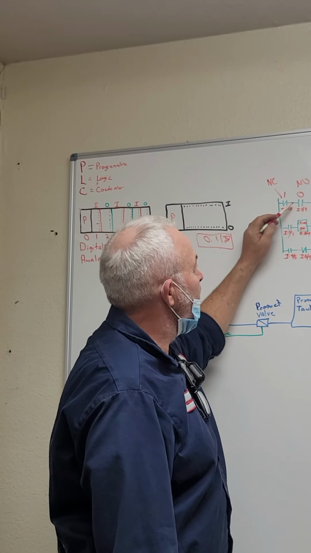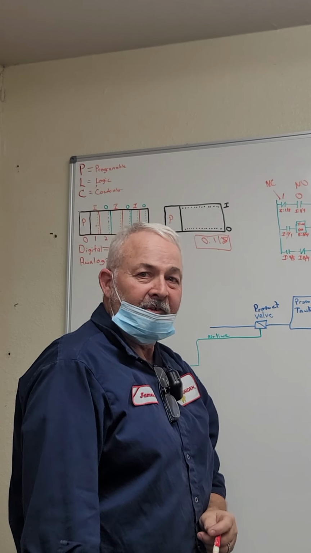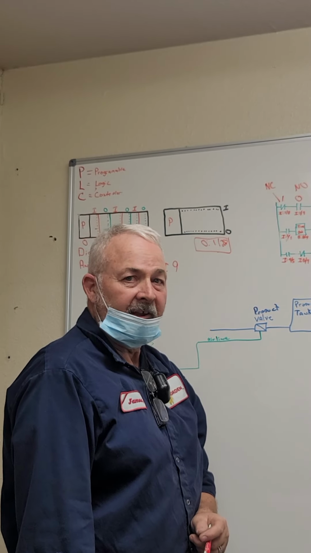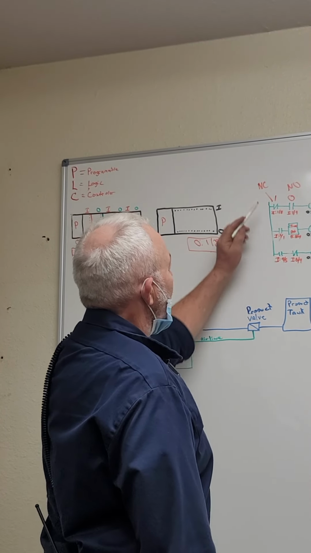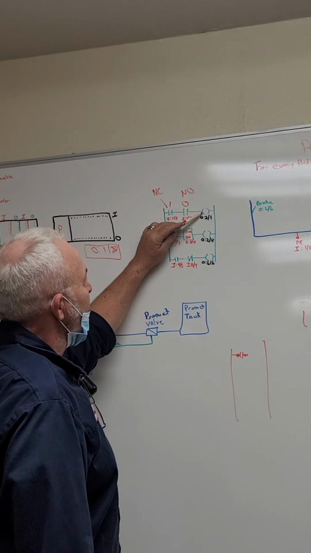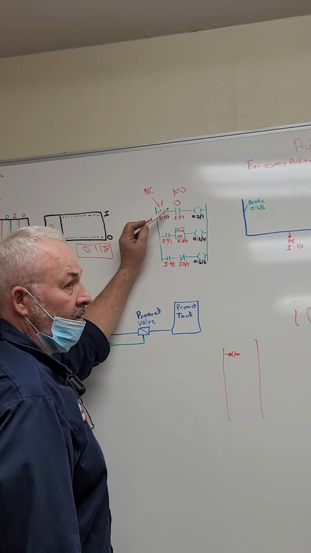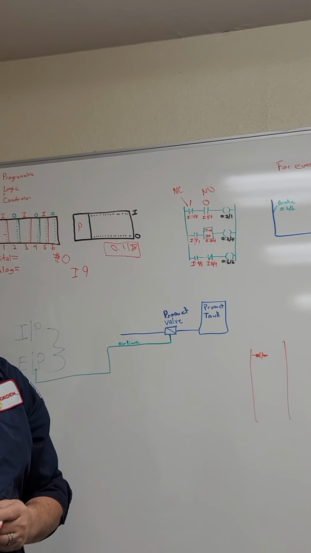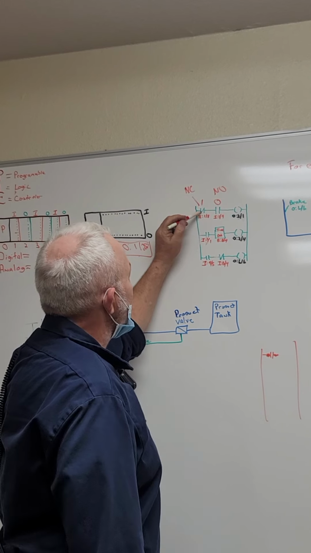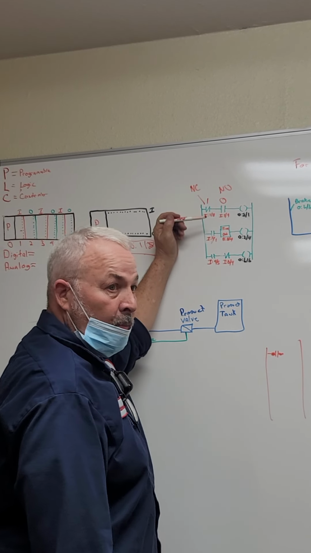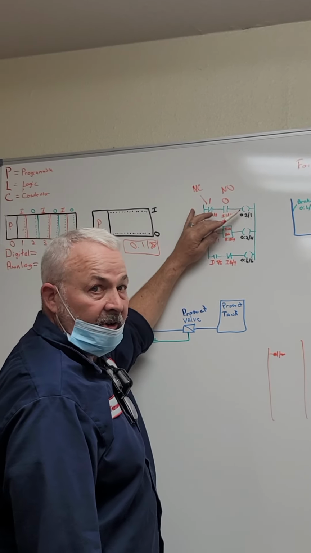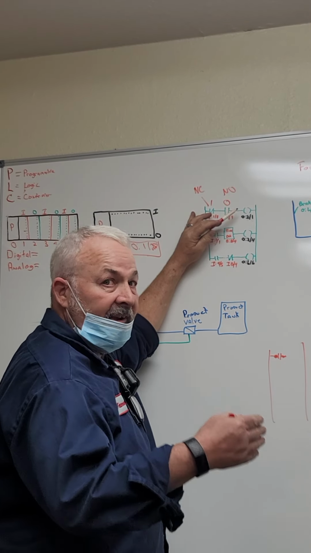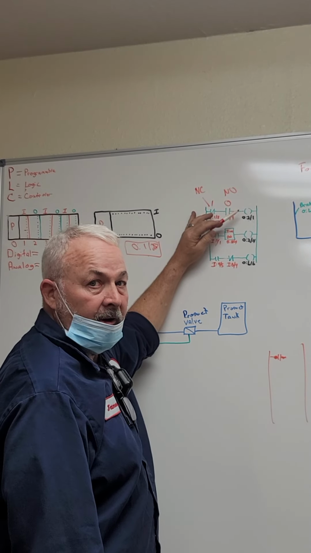This won't go true until somebody tells it to go true. You understand? So, in order for this output to fire, both of these have to be in a true state. What that means is this switch has to be closed and this switch has to be open in order for that output to go high. When I say output's going high, that means that it's live. It's fixing to put juice onto whatever it is.